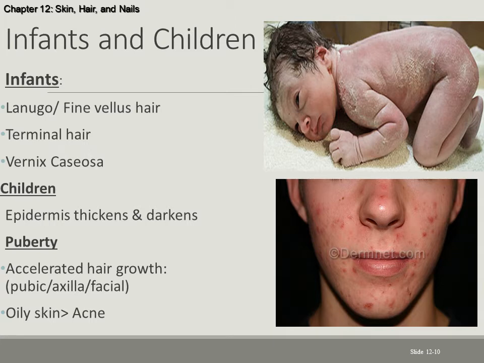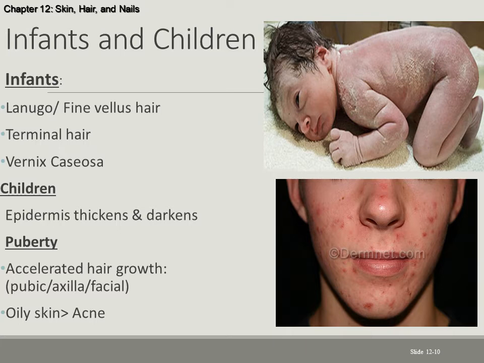Now with infants, if you've ever seen a newborn baby, what does the skin look like? What's on the skin? You'll see a cheesy, white, yellowish kind of substance on the skin that's called vernix caseosa. That vernix is basically a combination of sebaceous gland production, sort of oily production, that is on the skin for protection of the infant.